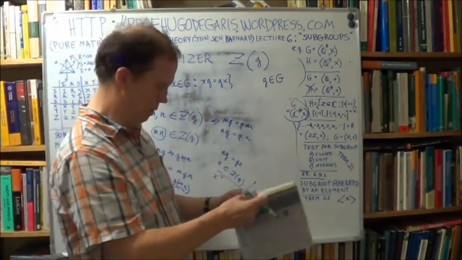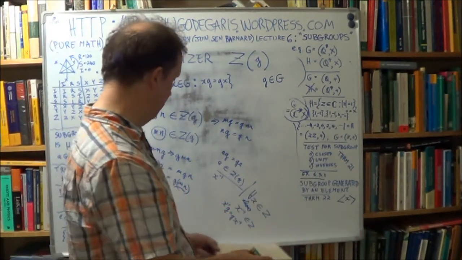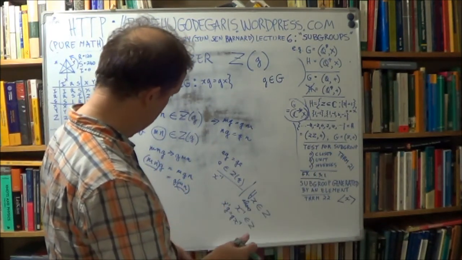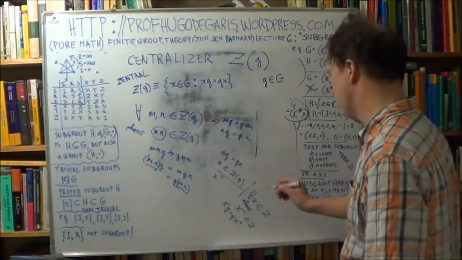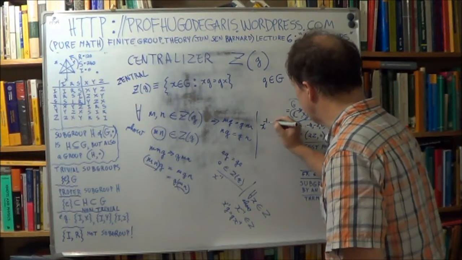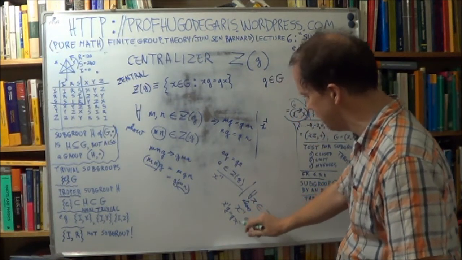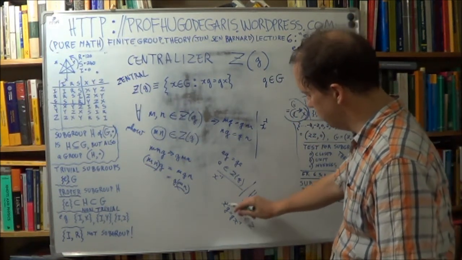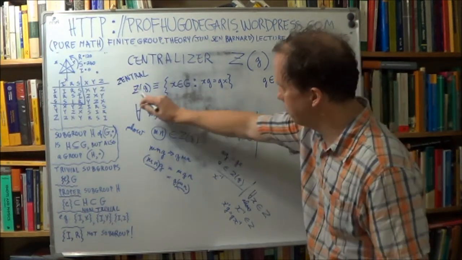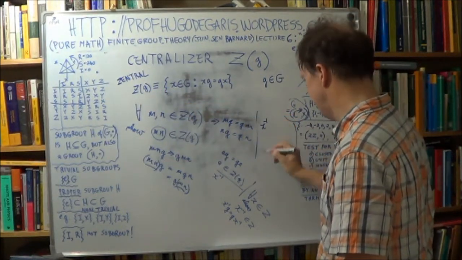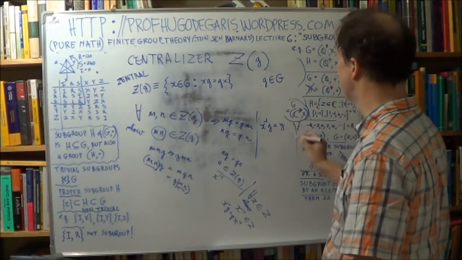I'm forgetting how to do that. Hold on, I did this before, just looking at my notes. So we want to prove that x inverse g equals g x inverse, because we want to show that the inverse belongs to the centralizer. We don't know what this is, so just let it be y.